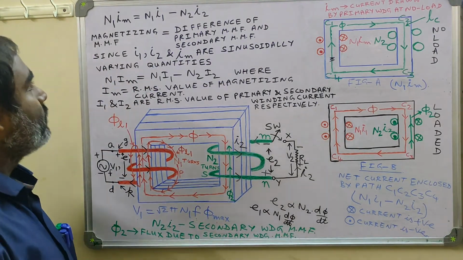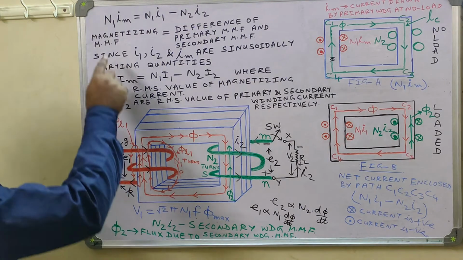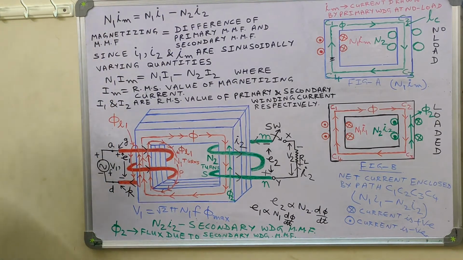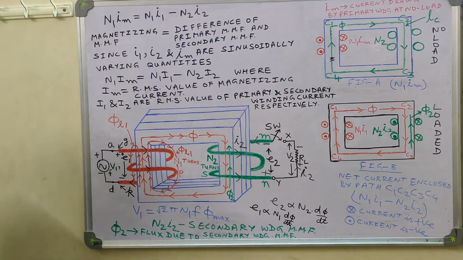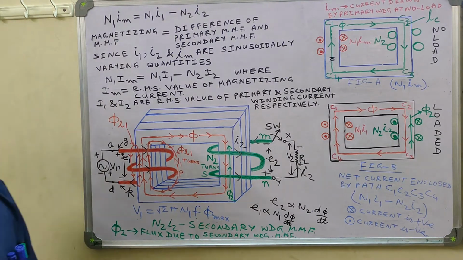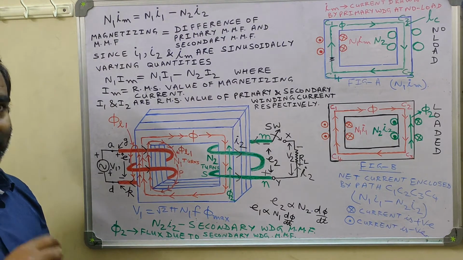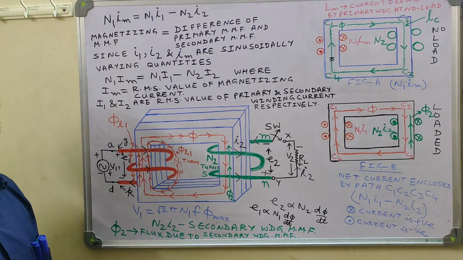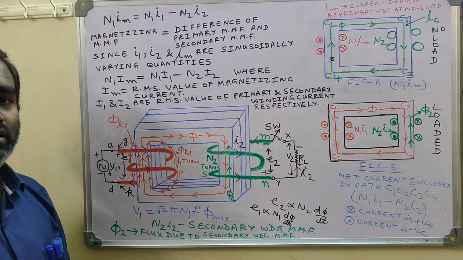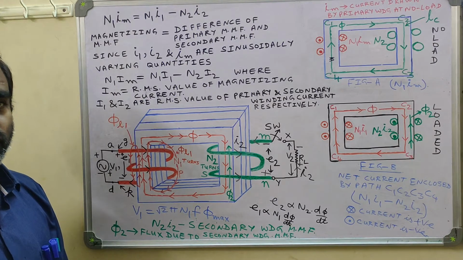In my previous video lecture, I derived this equation, N1 i_m equals N1 i1 minus N2 i2. Now what I would like to again emphasize here is that whenever we write small case letters, that is small i1, small i2 or small i_m, we are implying the instantaneous value.